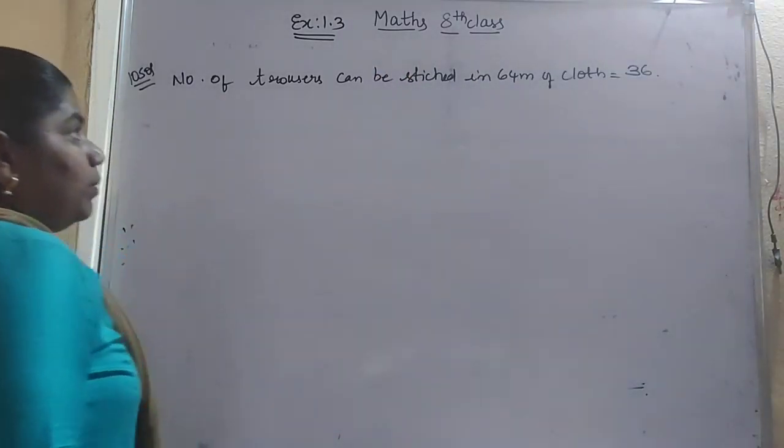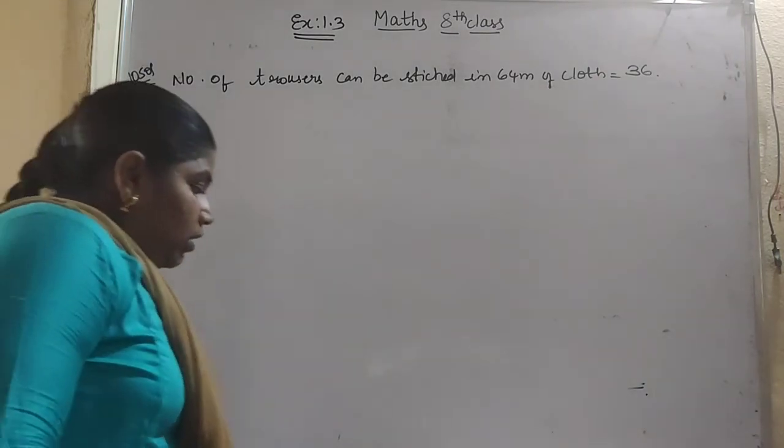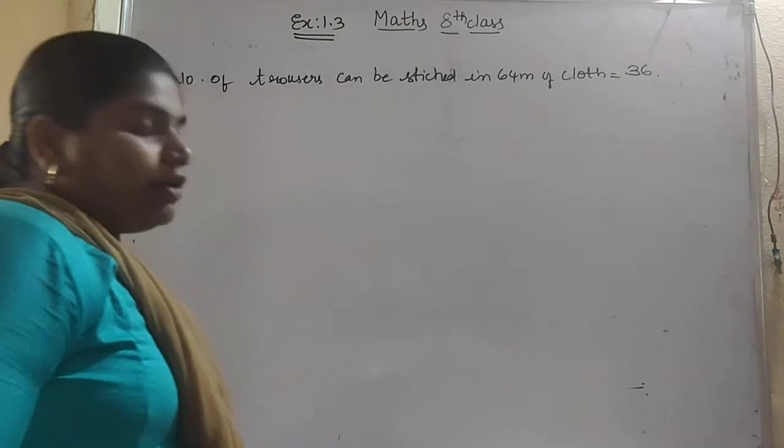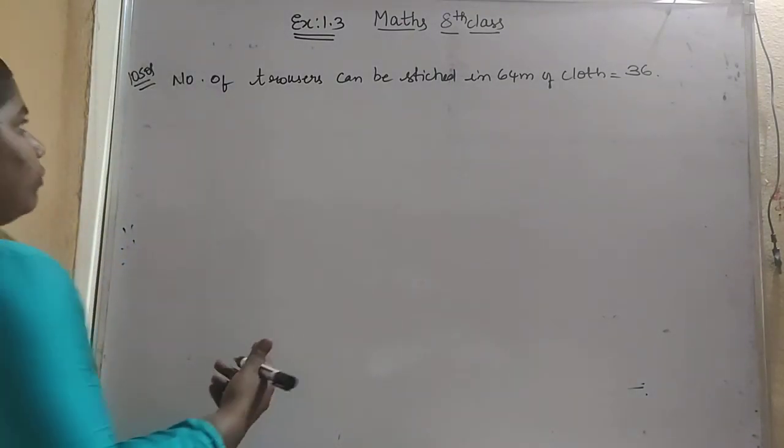So in how many meters, what we have to find? We have to find the length of cloth required for one trouser. For one trouser, how much cloth is required, we have to find.